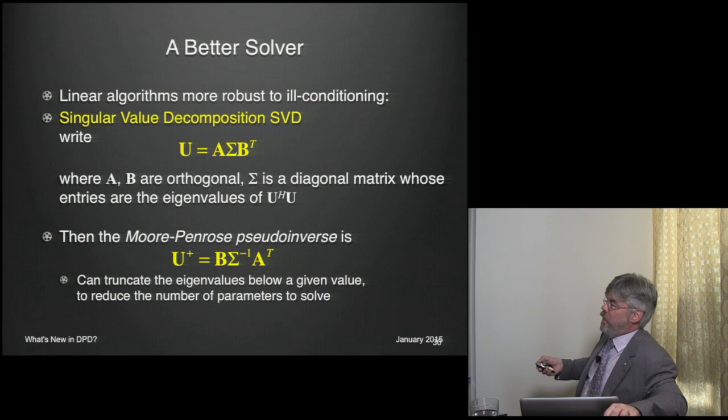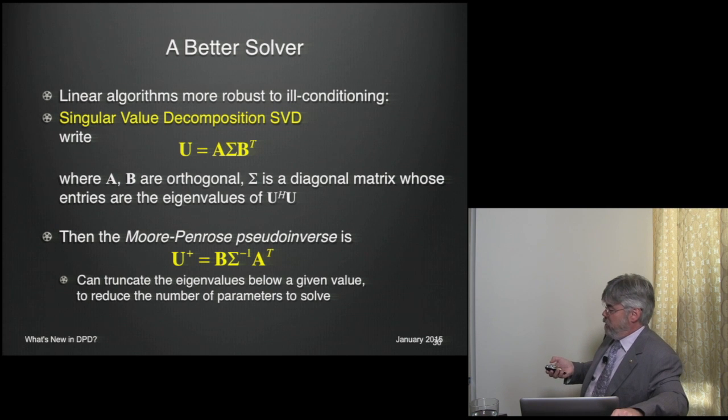And so you can get the inverse of that matrix. So this is now the inverse of your original U matrix, and now you can plug that into the original equation and obtain the coefficients.